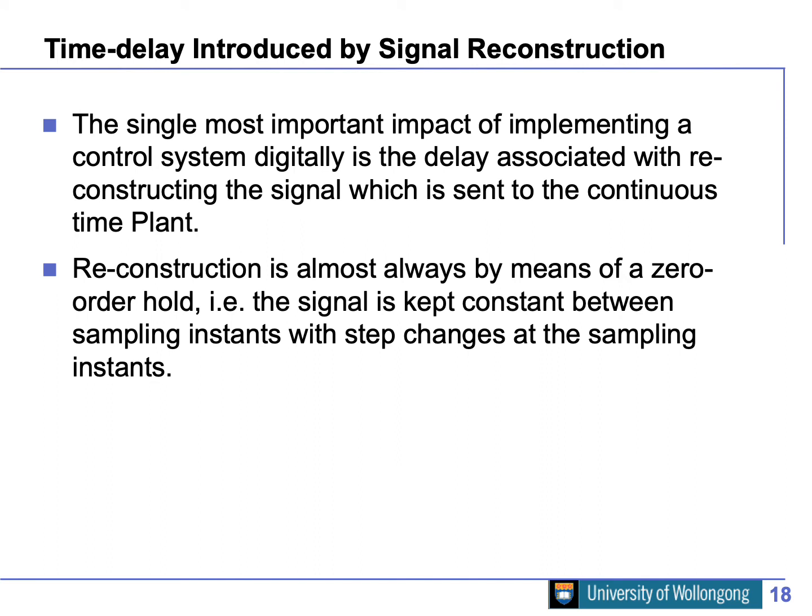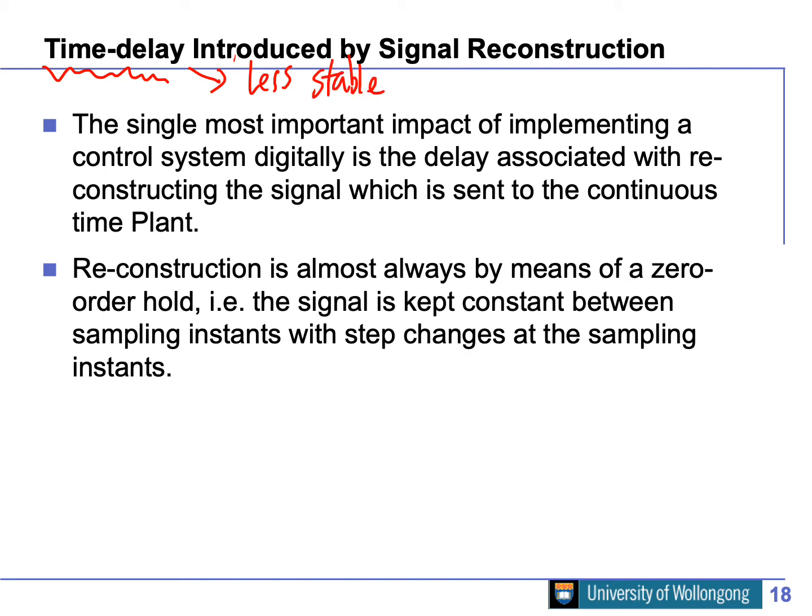We address the aliasing problem by introducing a low pass filter. However, this low pass filter will introduce time delay to the system, and normally time delay will cause the system to be less stable.